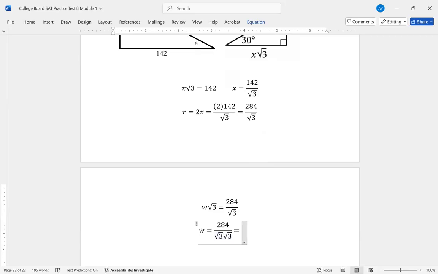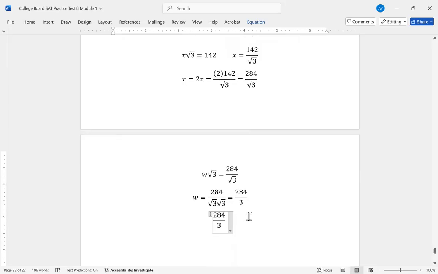Root 3 times root 3 is 3. So we get w is 284 divided by 3. And that's the final answer. 284 over 3 is what w has to be. So the answer to question 27 is 284 divided by 3.